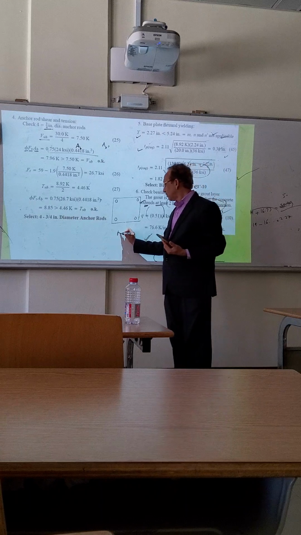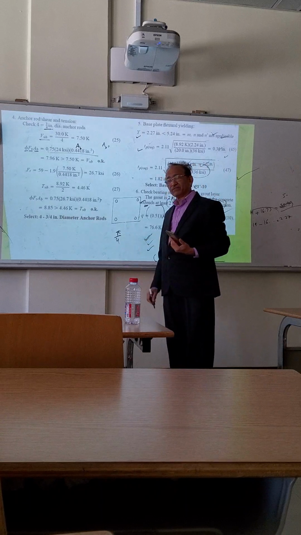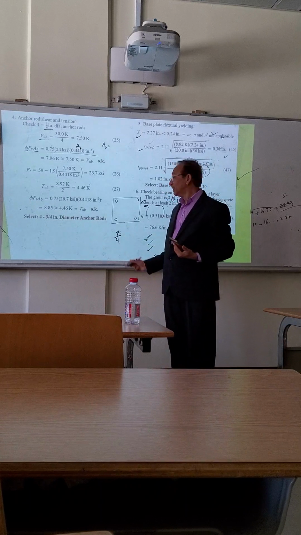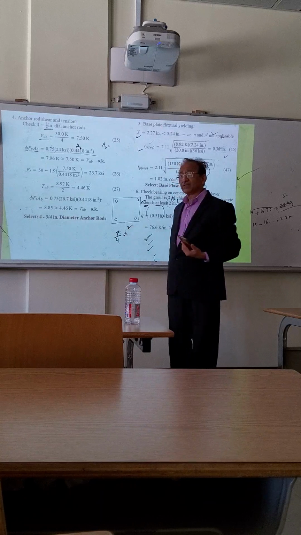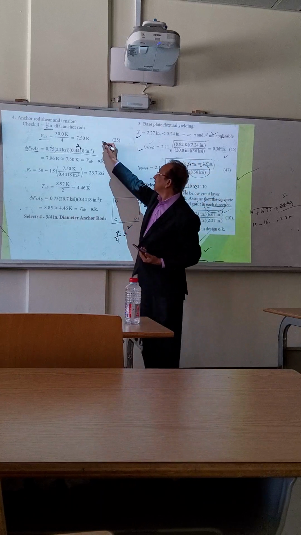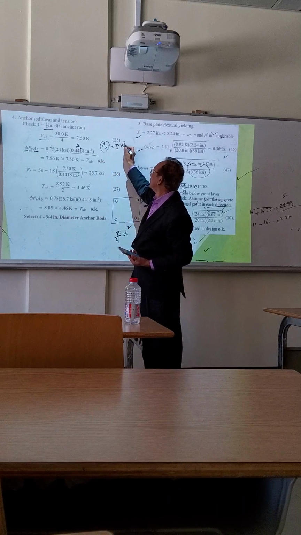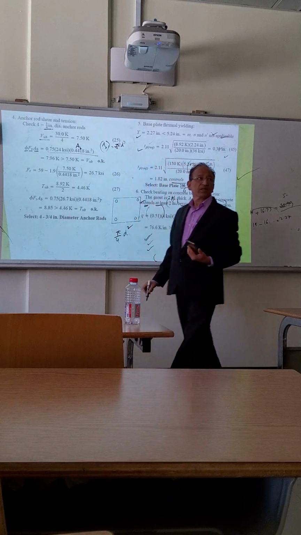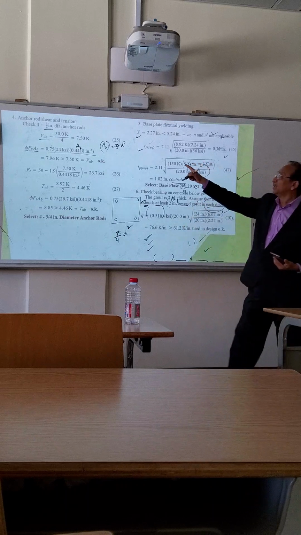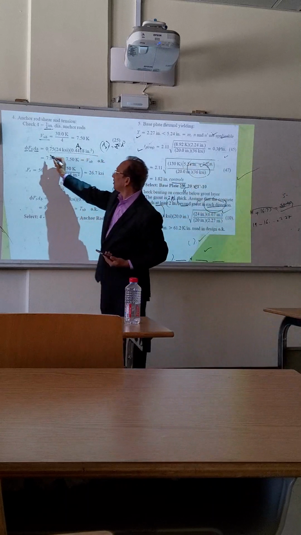Yes, pi by 4 d square. Right? So in that case, this Ab is equal to pi by 4 d square. In that case, you will get the area of the bolt which you substitute here, and this formula is coming from that condition here.